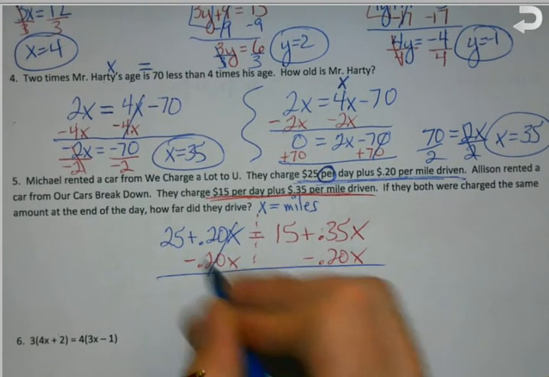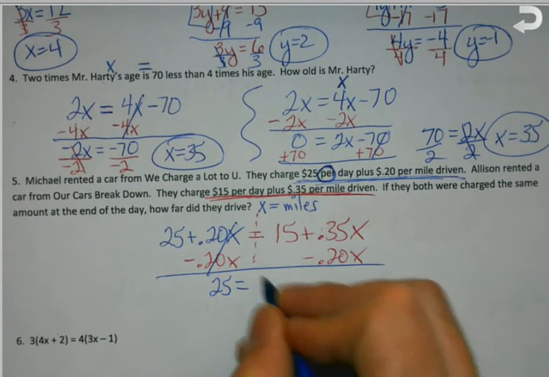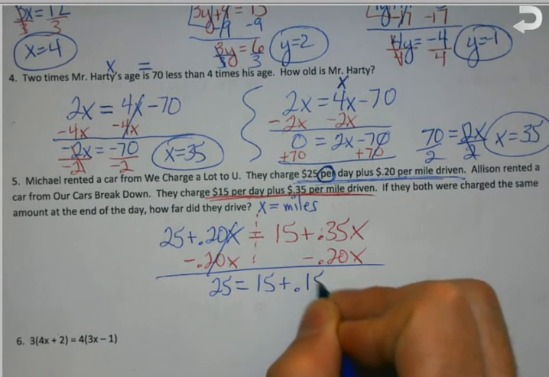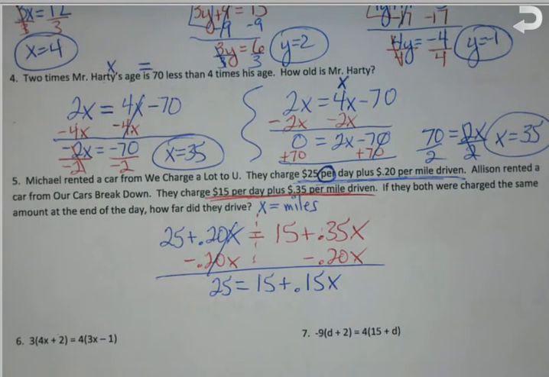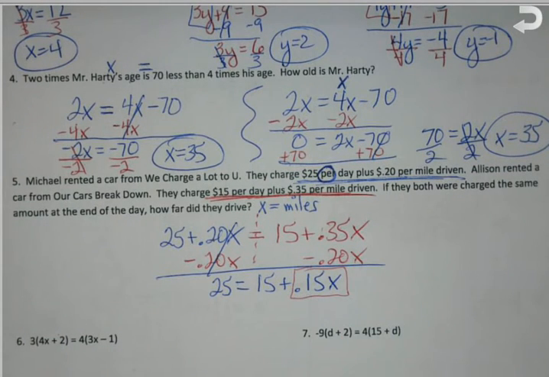Alright. So I got 25 left on this side of my equals, because the x's are gone. 35 minus 20 would be a 0.15x. Now what? Okay, right. Because I want the x part by itself.